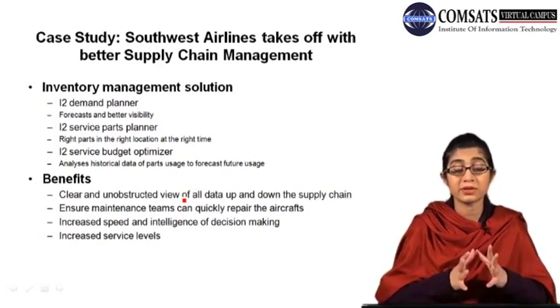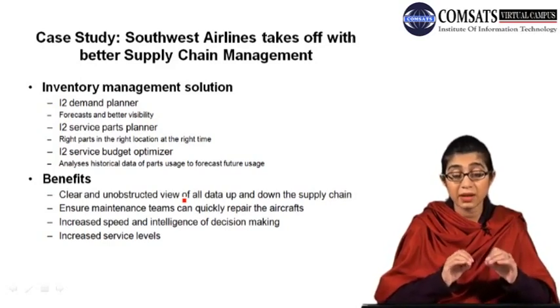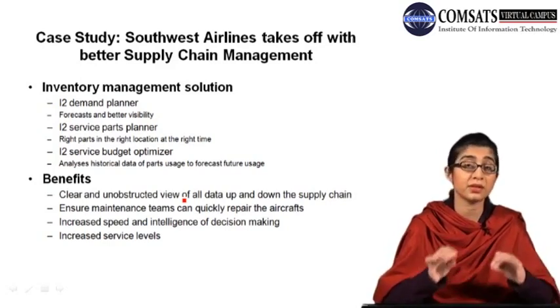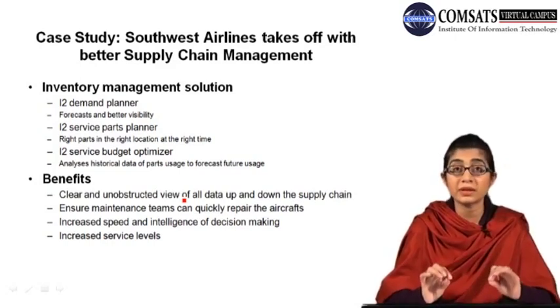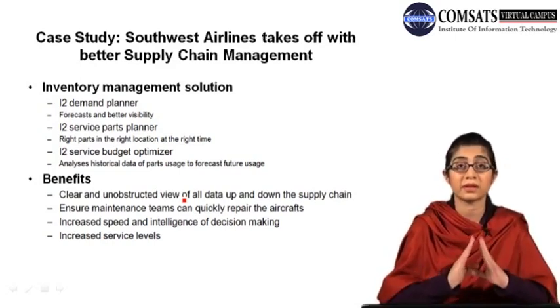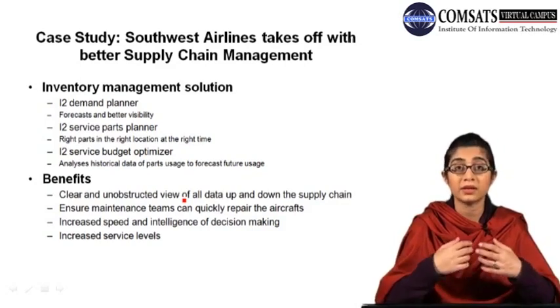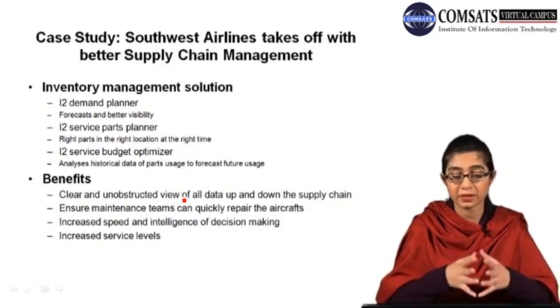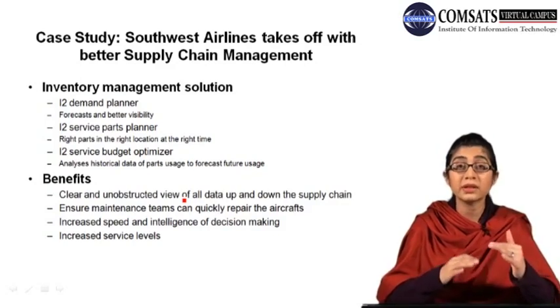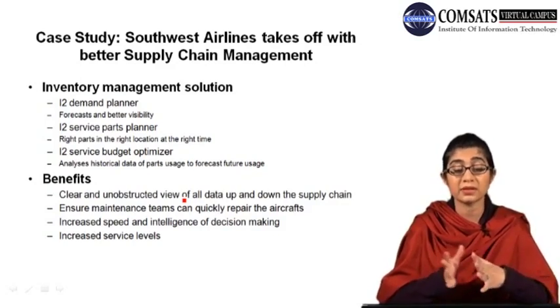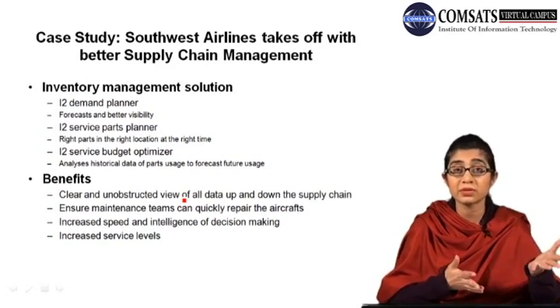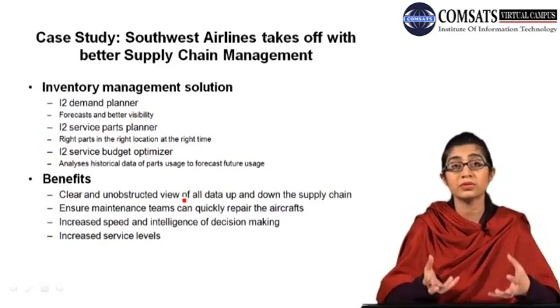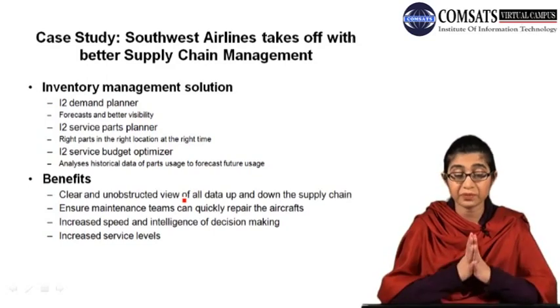Also, the systems were ensuring that the maintenance teams can quickly repair the aircraft, since the information was available as well as the parts were also available on time, so they could repair the aircraft on time as well and provide better customer service. Also, that increased the speed and intelligence of decision making.